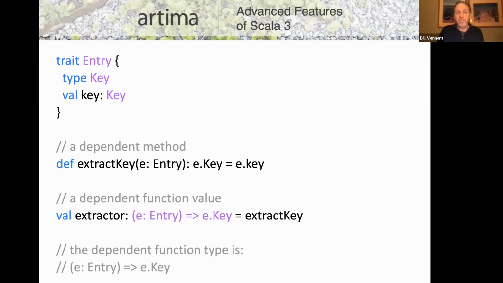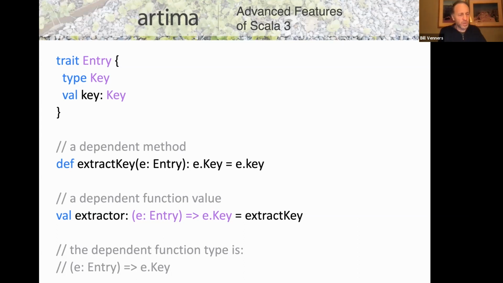What this extract key method, the dependent method, does is that at every call site, there's some subclass being passed in, and I need to know the specific subclass so that I can tell at that call site what e.key means. If I'm passing in a string entry somewhere, then at that call site, e.key means string, and that type checks. If I'm passing an int entry somewhere, then e.key at that call site means int. So that's how that works.